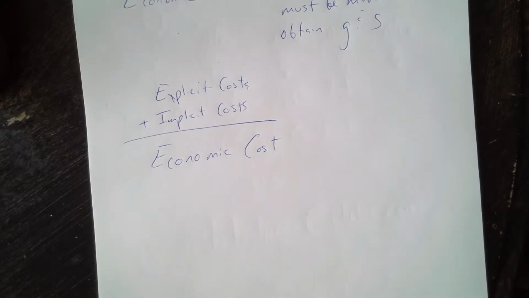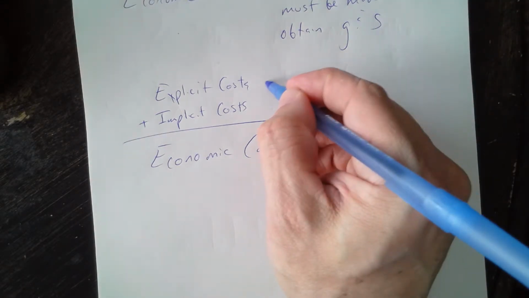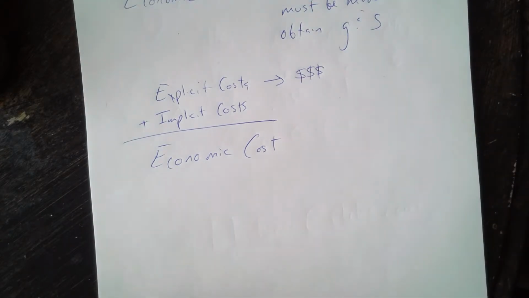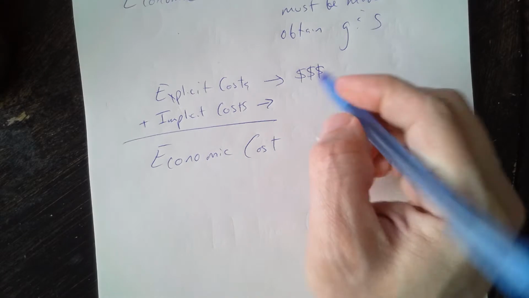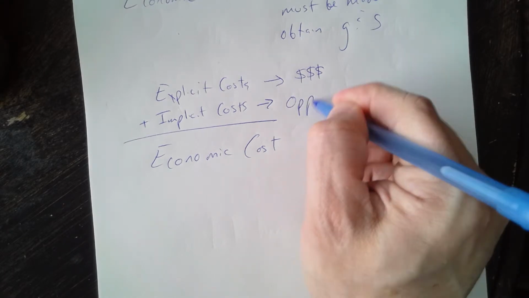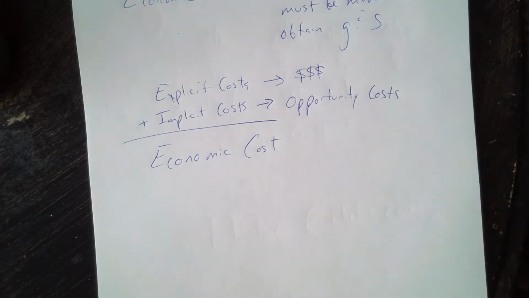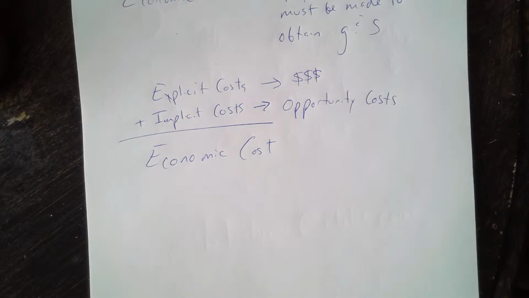All right, so what are each of these? Explicit costs is actual money, a dollar value amount of everything there is. Implicit costs go back to that idea of opportunity costs. All right, now keep in mind, this is the economic example, economic world.